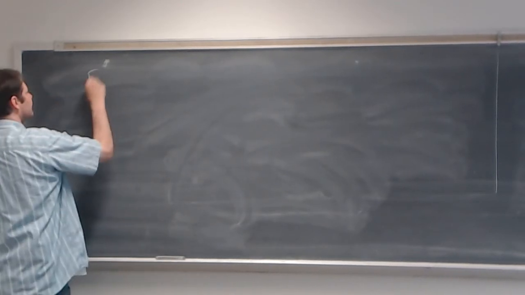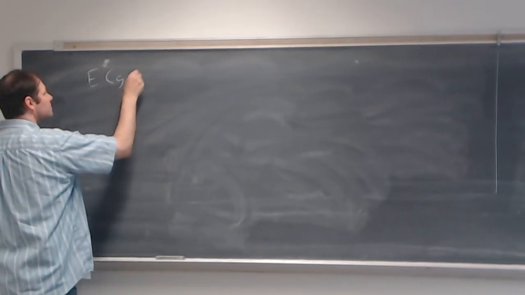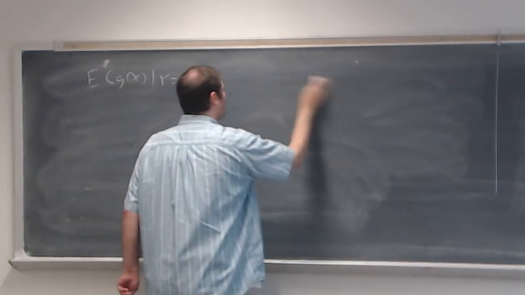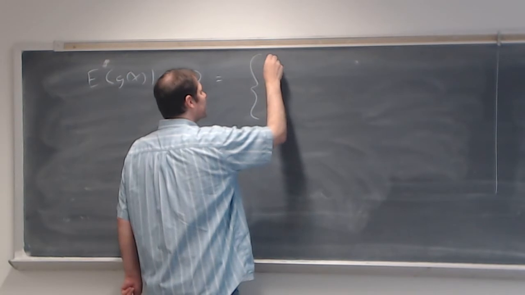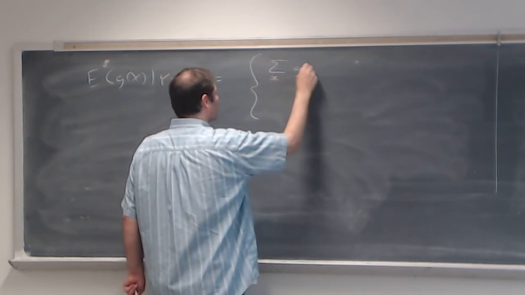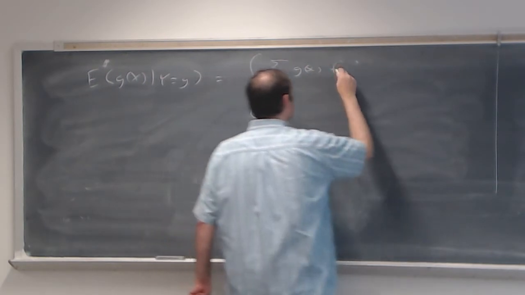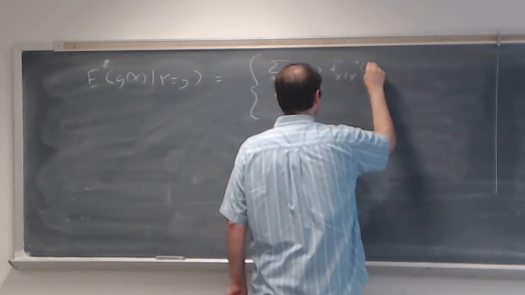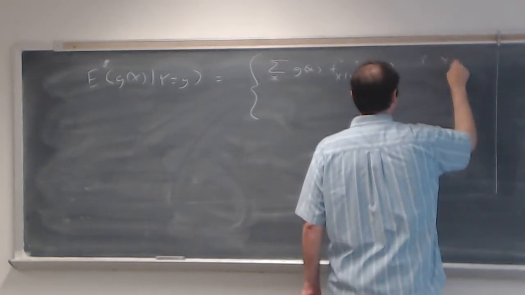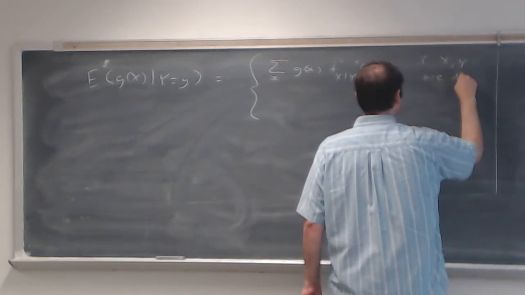So, the expected value of g of x given y equal to y is defined by the sum over all x values of g of x, f of x given y, if x, y are discrete.